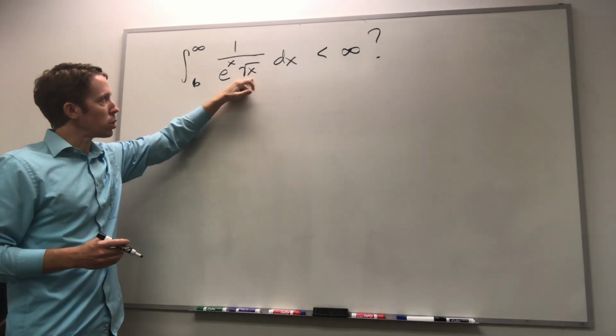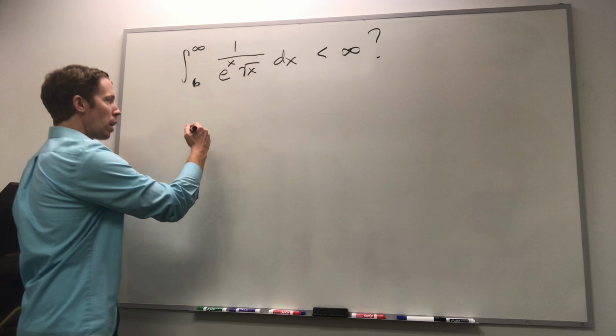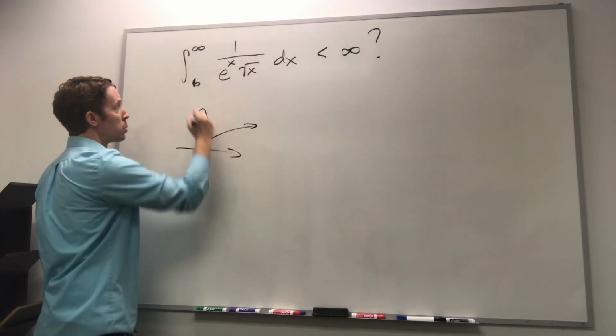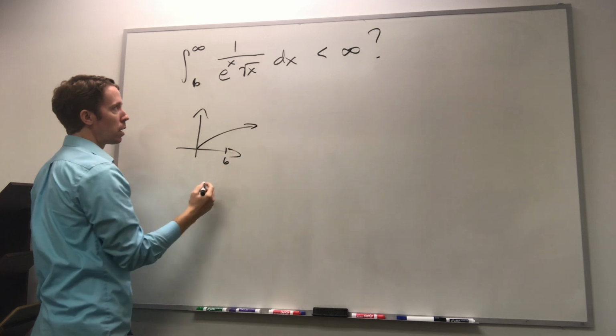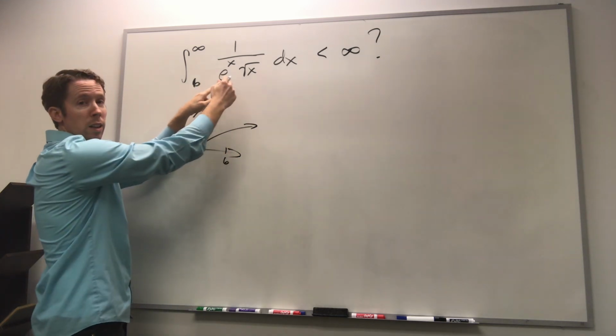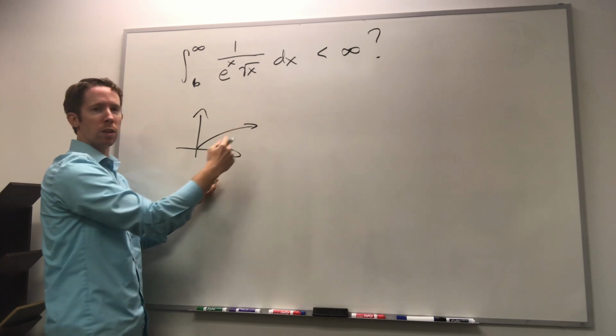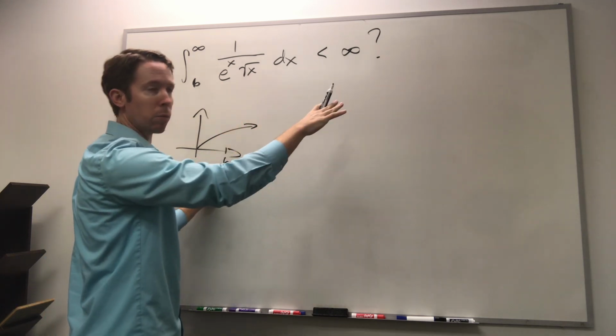So I have to think about the square root of x. I know the graph of square root of x looks like this. I'm starting at x equals 6, something like that. So if I do e to the x times the y value on here, that y value is going to be bigger than 1, and it's getting bigger and bigger.